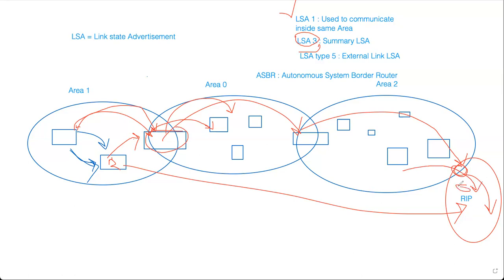So all these routers inside the RIP can run RIP, but when they want to talk to OSPF, they will use this ASBR router, and that is done by LSA type 5. So when this router sees that there is an LSA type 5, that means there is a router having another protocol. It is a redistributed route.